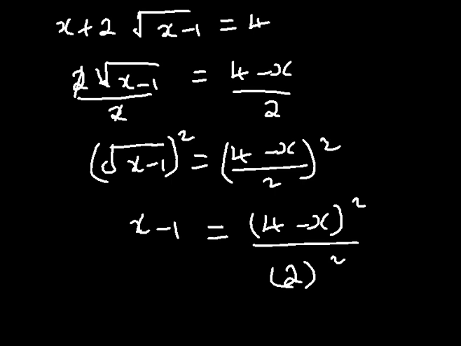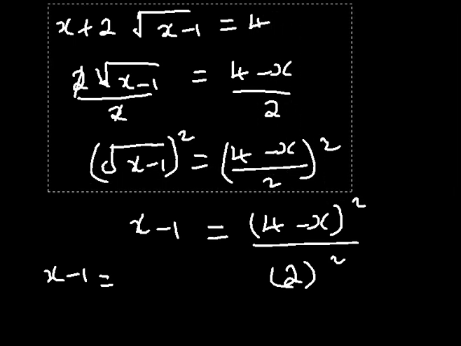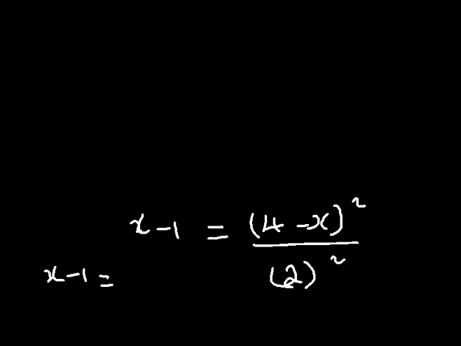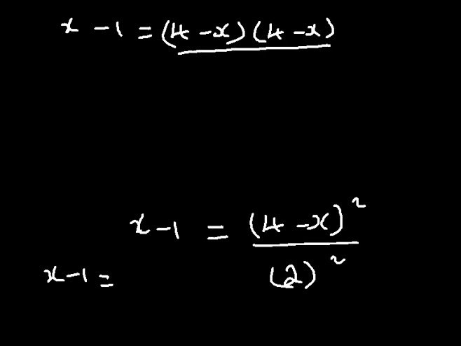So in this case, we have x minus 1, which is equal to 4 minus x, times 4 minus x, divided by 2 to the power 2, which is 4.